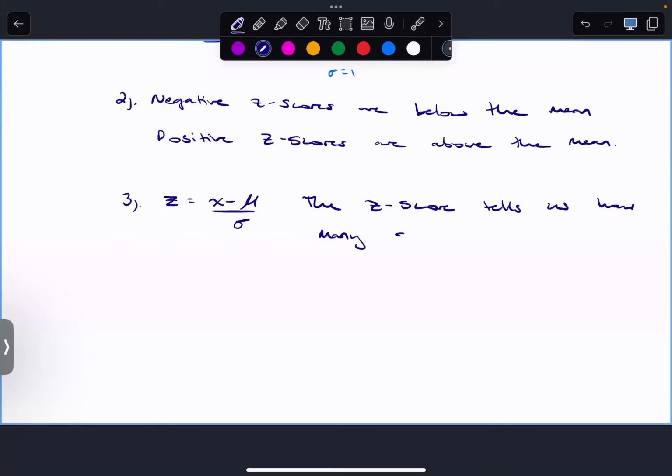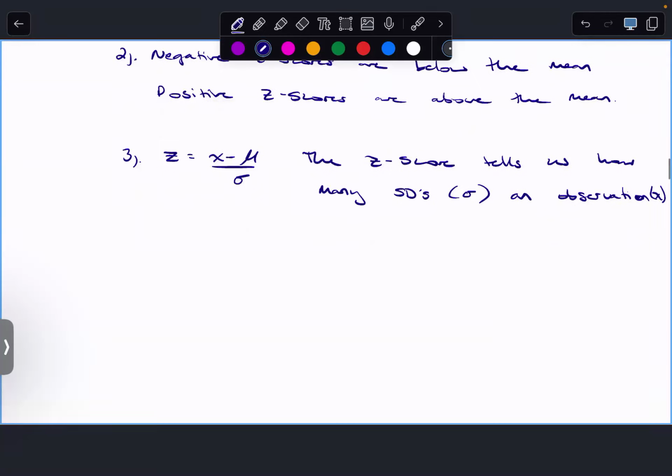An observation, which is x, is above or below the mean, which is mu. Okay. That's good to have up our sleeves, right? Because then we know that it's essentially unitless, right? It's the number of standard deviations above or below the mean. So if you can standardize values and compare them, then that's great.